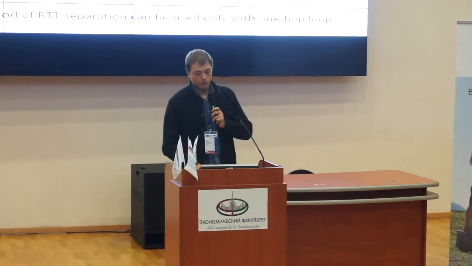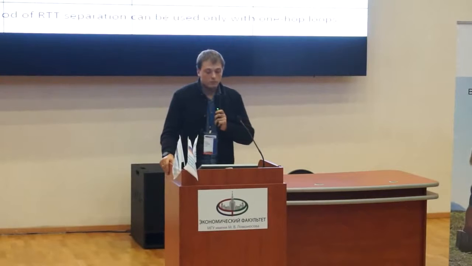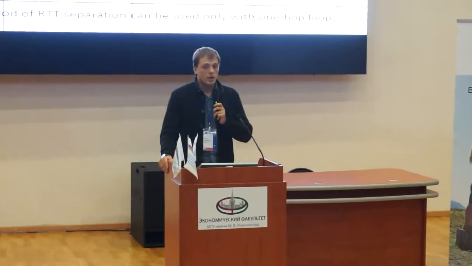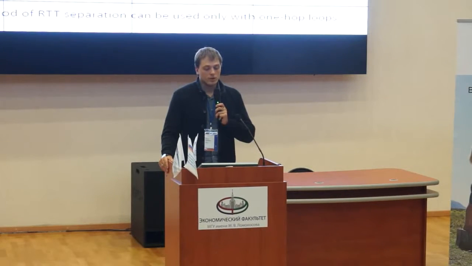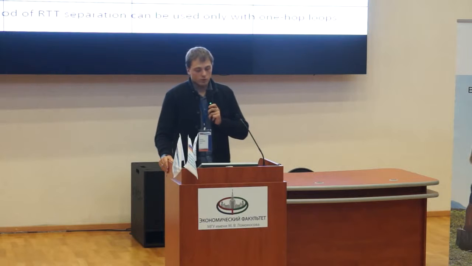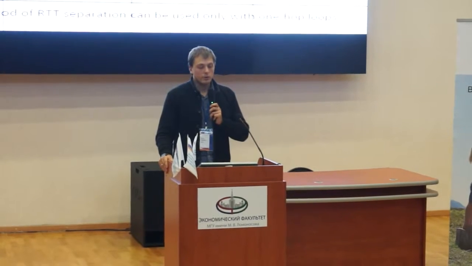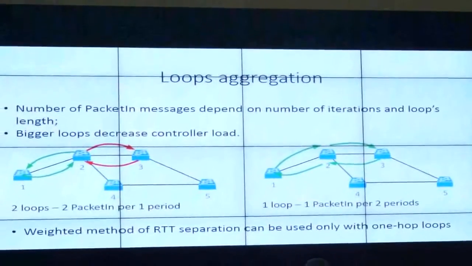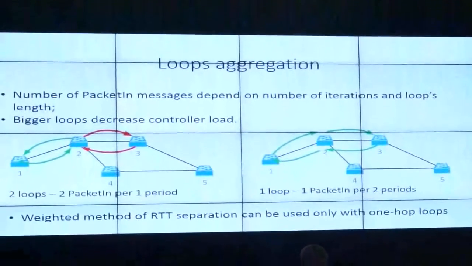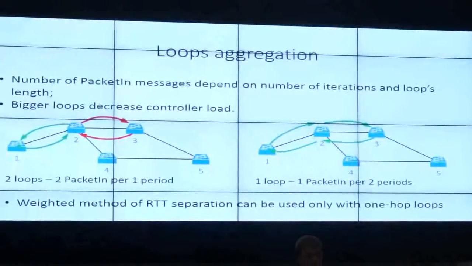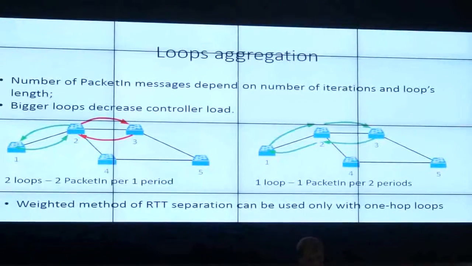If we want to decrease the load on the controller, we need to decrease the number of packet-in messages and switch statistics requests generated by the weighted method of RTT separation. We can achieve this by increasing the time interval between two pulse messages.